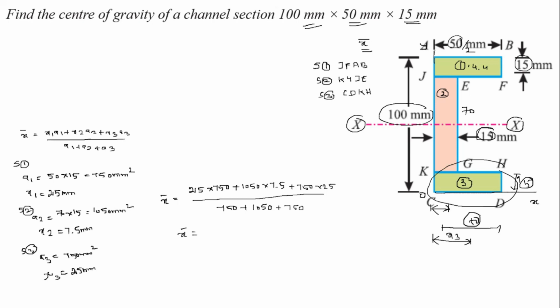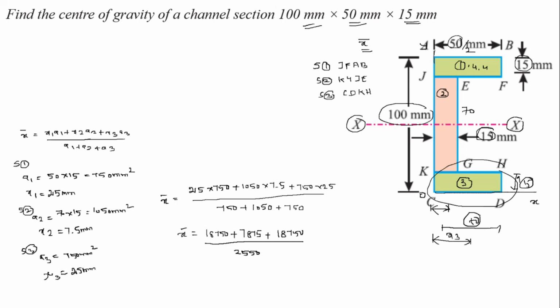First we calculate the numerator: 25 into 750 is 18750, plus 1050 into 7.5 is 7875, plus 750 into 25, similar value, 18750. Divided by the sum 750 plus 1050 plus 750, which is equal to 2550.